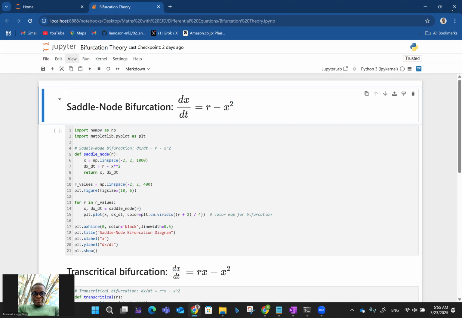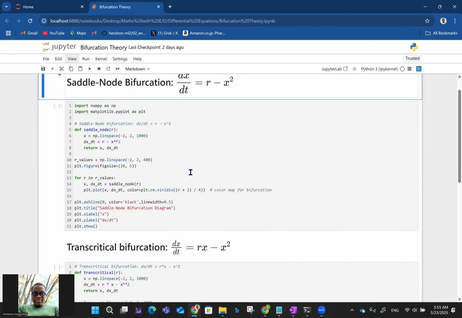And then as that changes, when r is greater than 0, you have real numbers, plus or minus the root of that, and that means that's going to be unstable. But then as the value goes below 0, you begin to have negatives, strictly complex numbers, and that is going to lead to limit cycles or something like that.